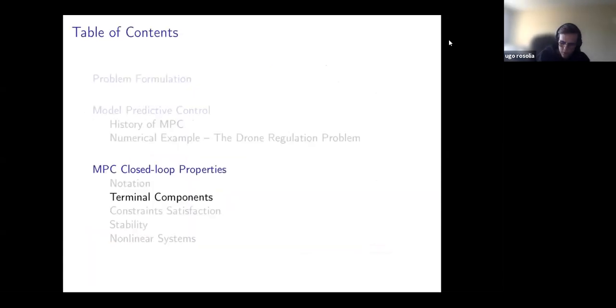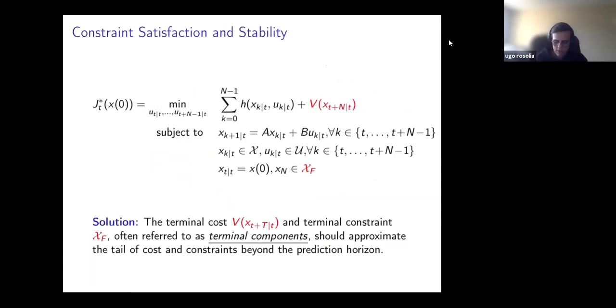Okay. In order to fix our feasibility issue, we will design the terminal cost and the terminal constraint of our receding horizon strategy in order to approximate the tail of the cost and the constraints beyond our prediction horizon.